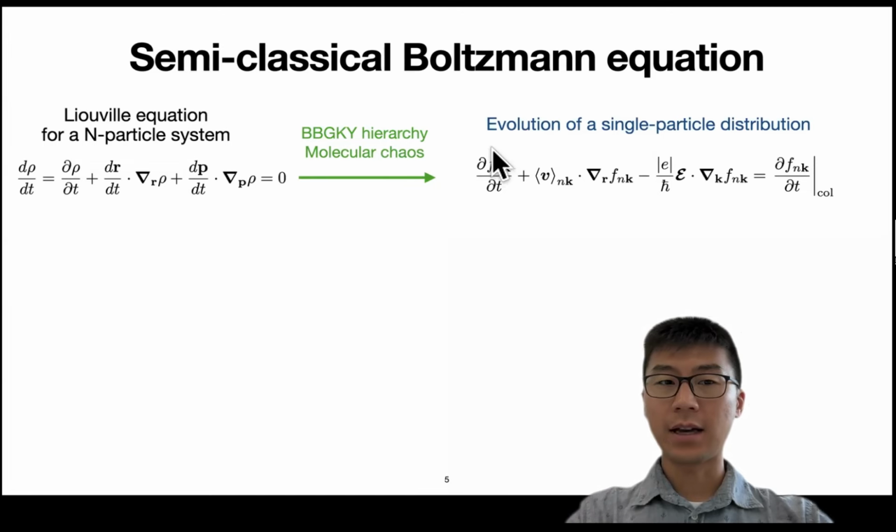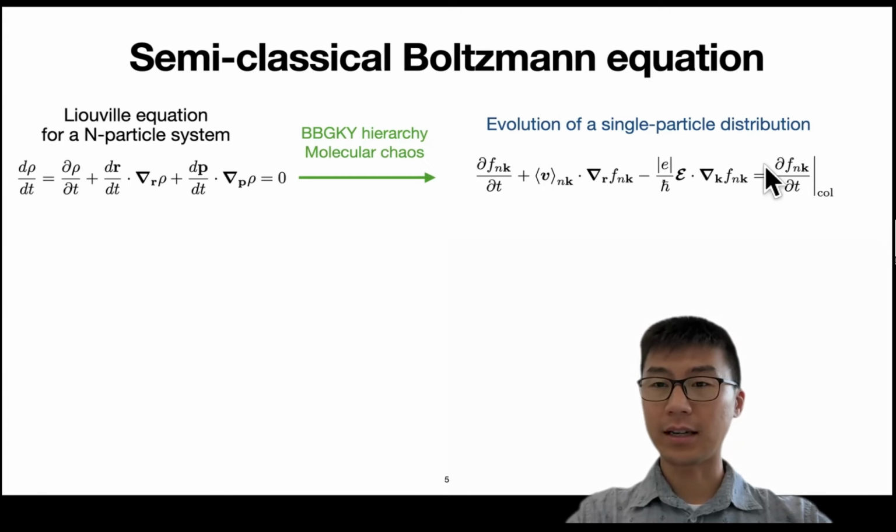The left-hand side of the equation is identical to the flow part of the Liouville equation, but instead we use the group velocity of the band electron and the occupation function of the band electron. That's why we call it semi-classical: it's a classical equation, but we use information from the quantum mechanical calculation of the band structure.